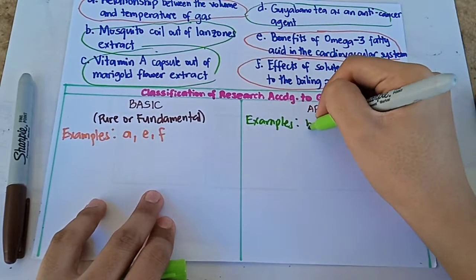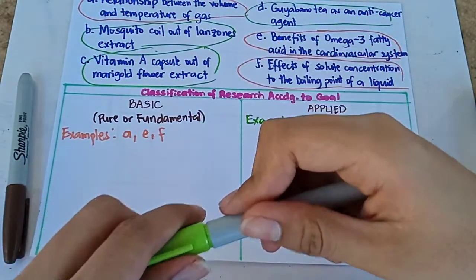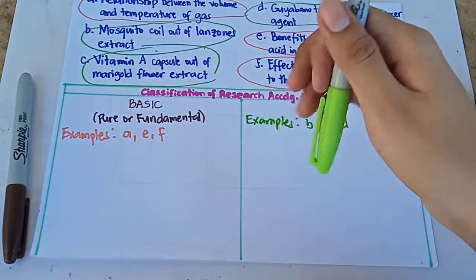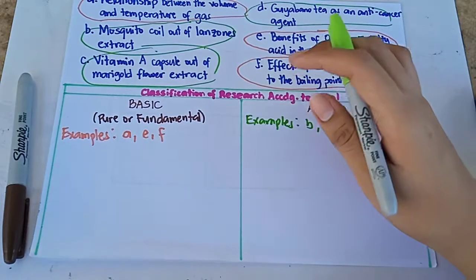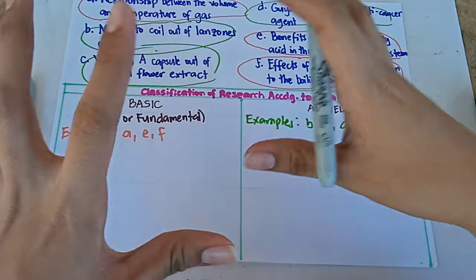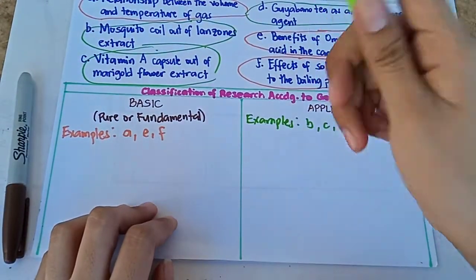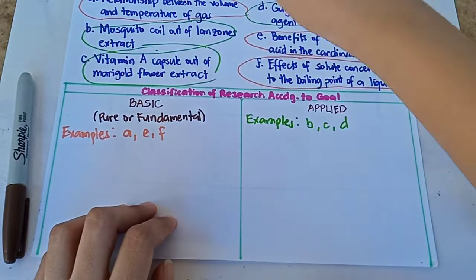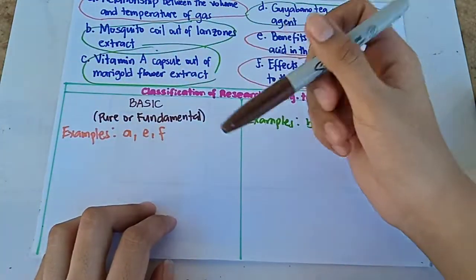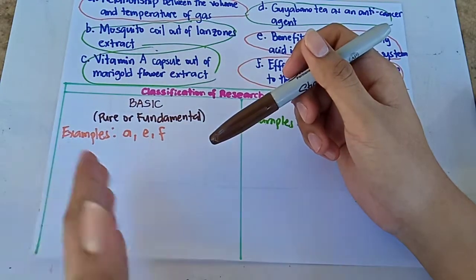So, concepts B, C, and D will fall under applied research. With this illustration, given the examples, we can now differentiate basic and applied research. So let us first start with basic research.